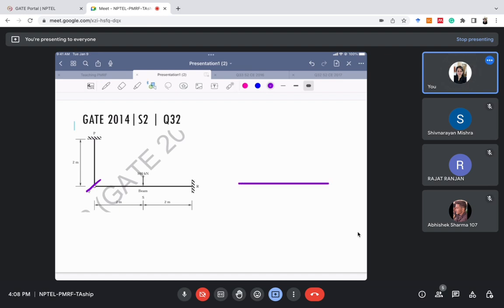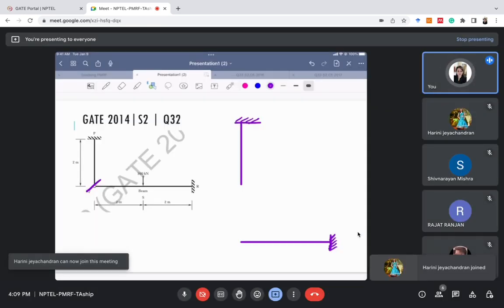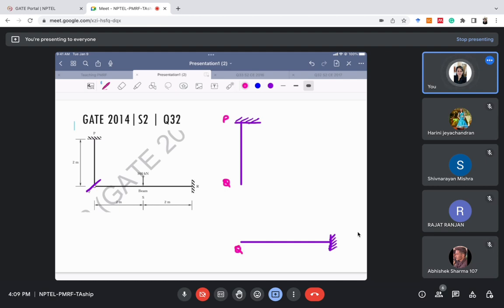Okay, so this is the beam we have. Let me shift downwards. Yeah. And we have this member PQ, right? I've just separated these two members. So here it is P, here it is Q, this is Q, and this is R. So why have I separated it from Q only?